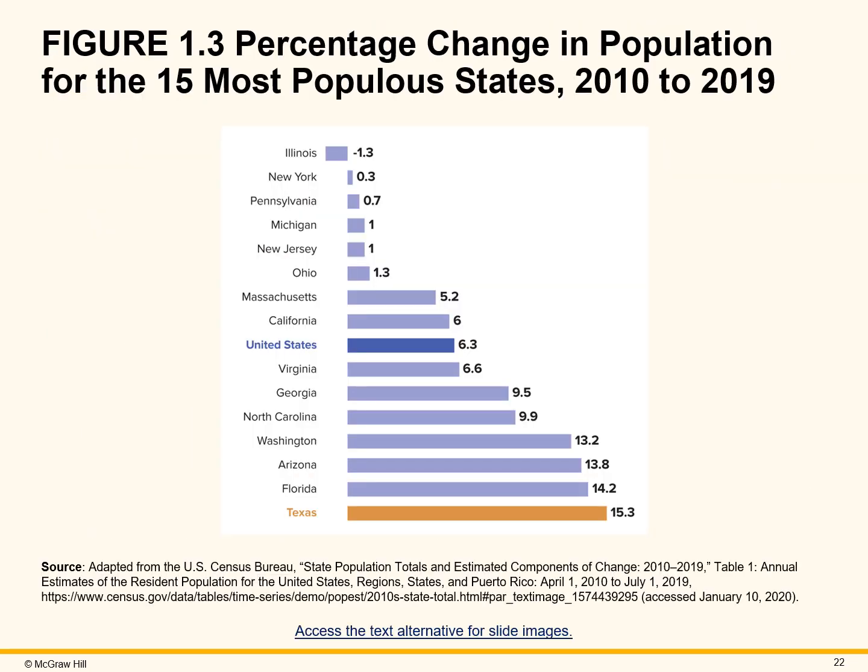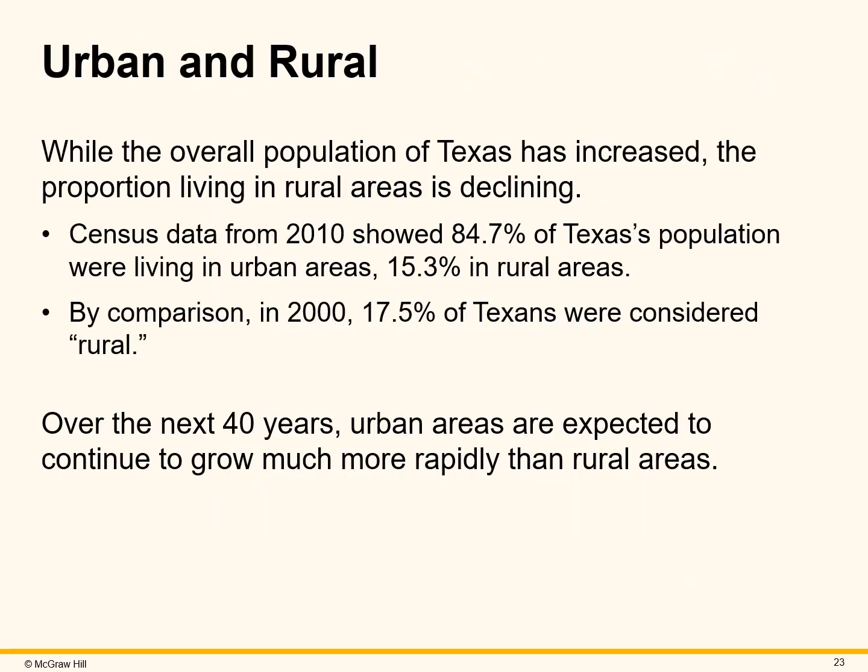The bar graph here shows the percent changes in the population of the 15 most populous states. The United States is 6.3, Texas is about 15.3, so the growth is there. Urban and rural. While the overall population of Texas has changed, the portion living in rural areas is declining.